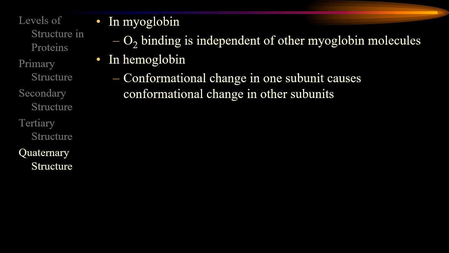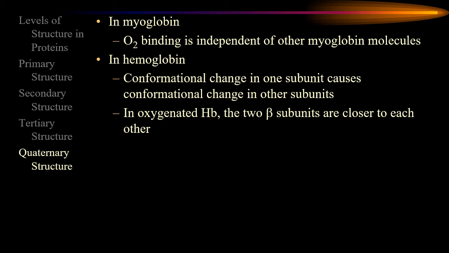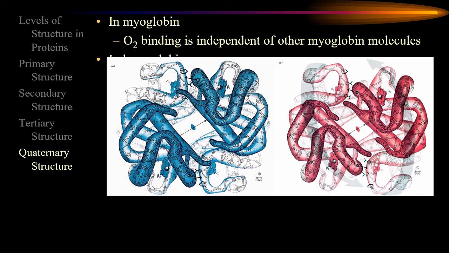However, in hemoglobin, as mentioned, there's a conformational change in one of the subunits, and therefore it can also cause a conformational change in the other subunits. As you can infer from the illustration, in oxygenated hemoglobin, the two beta subunits are now closer to each other.